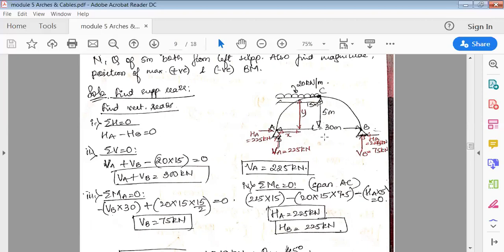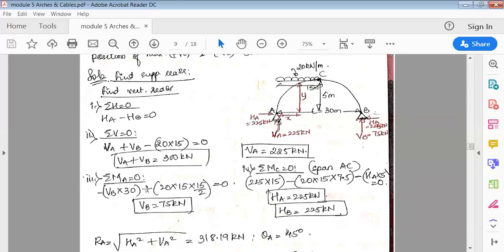HB will not occur because it is on the same line as A. So there are only two loads. We'll get the value of VB. When you get VB, substitute in the previous equation, then you'll get the value of VA. So we got to know VA and VB.